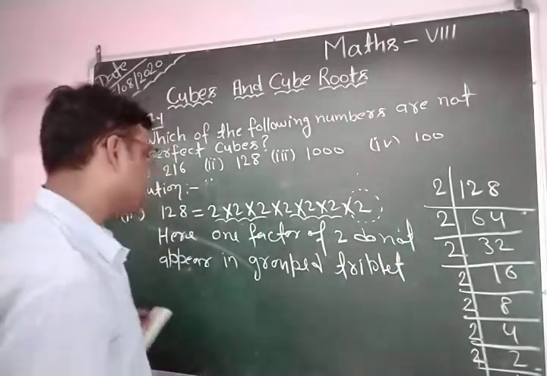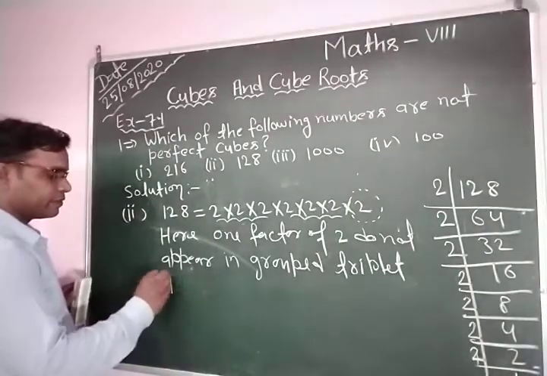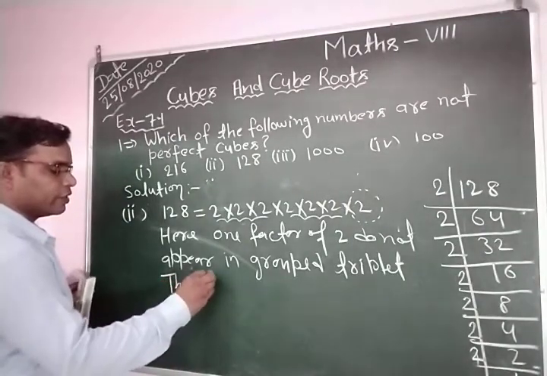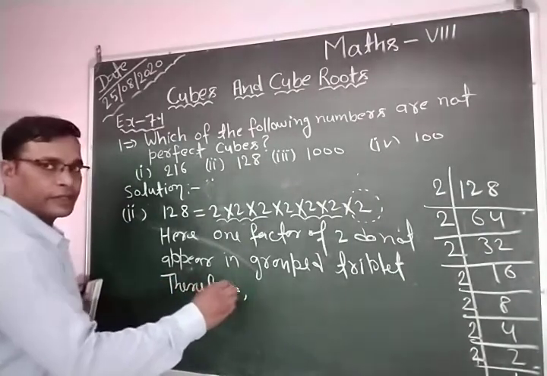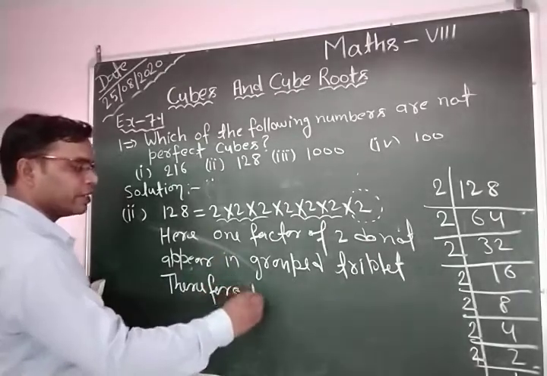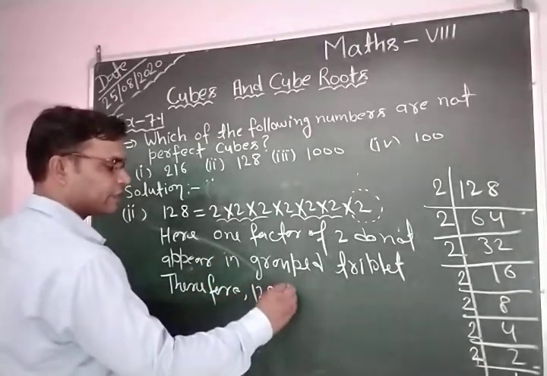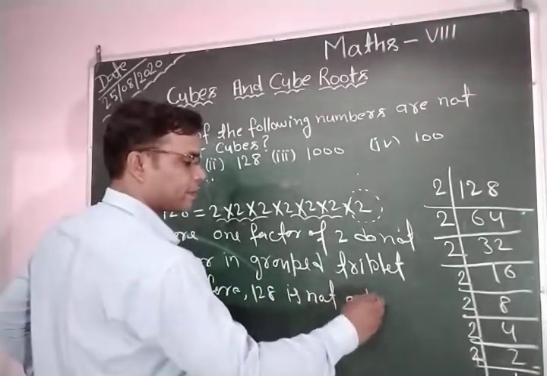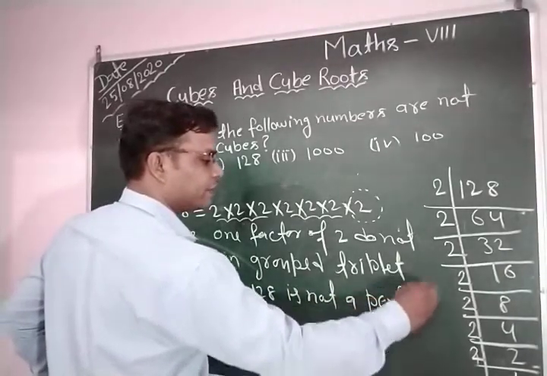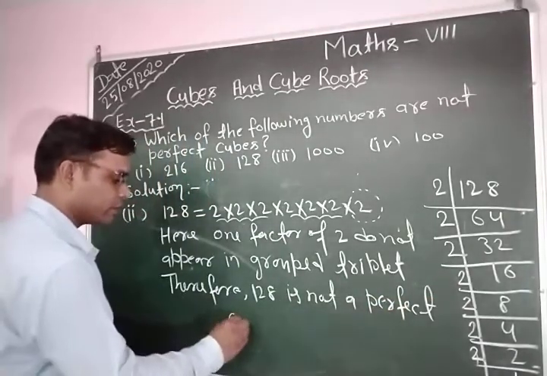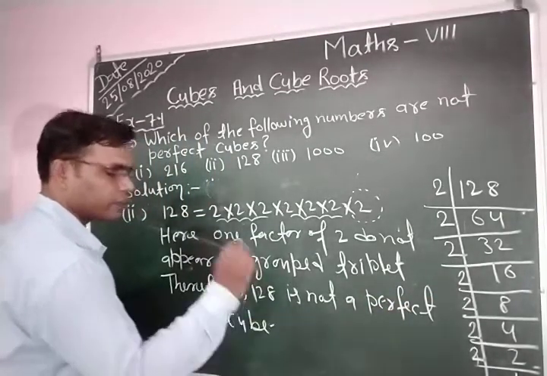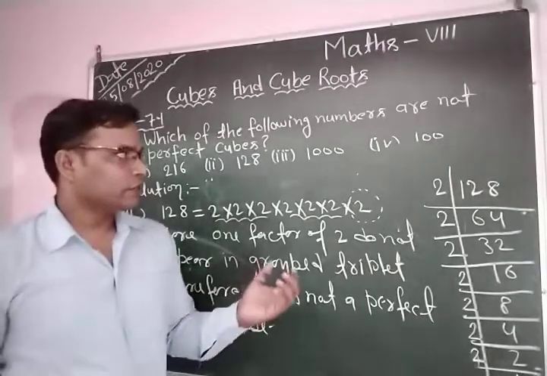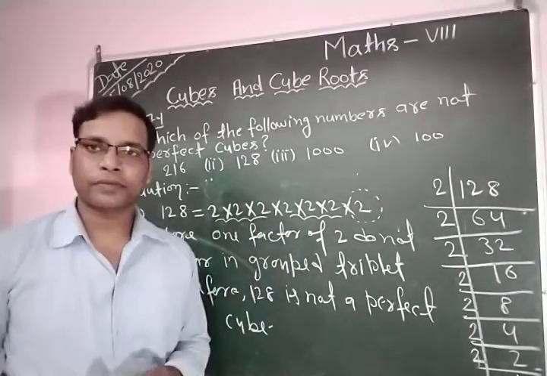So you can say therefore 128 is not a perfect cube. Okay, so students, I hope all of you understood.